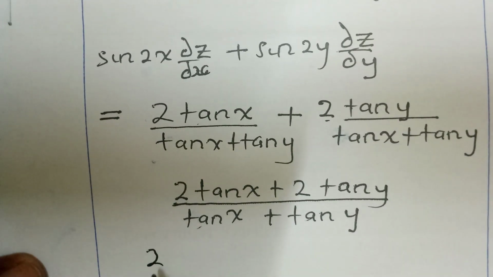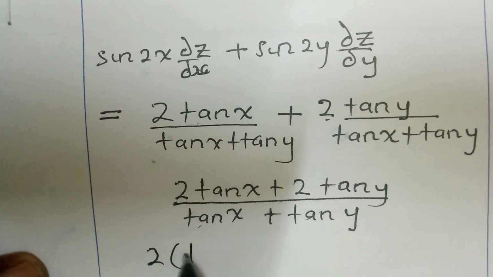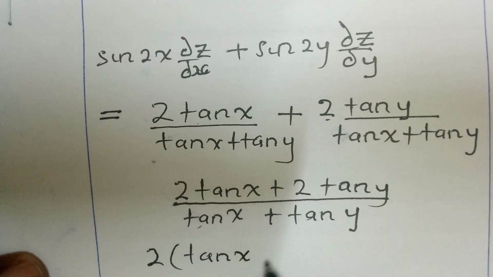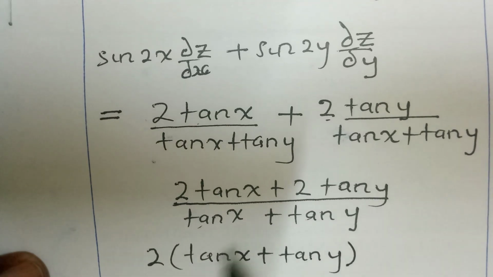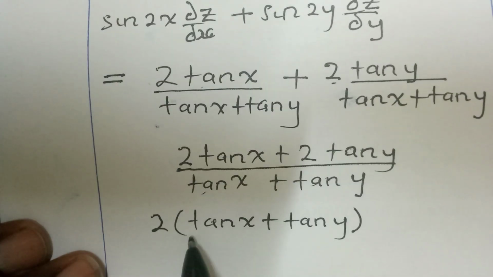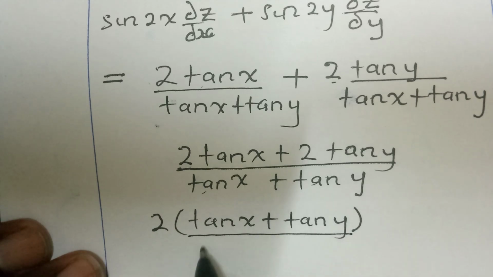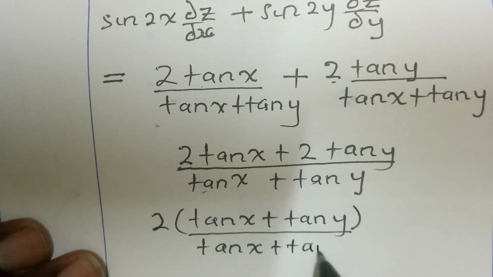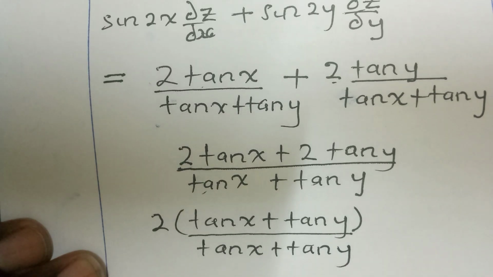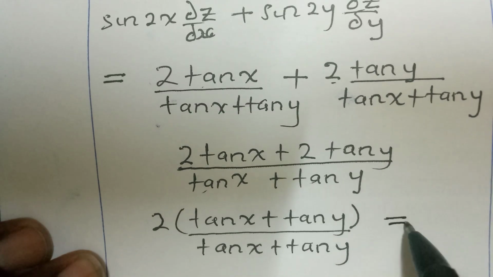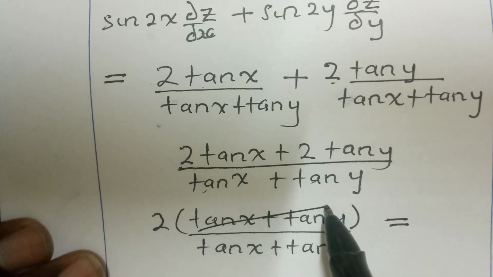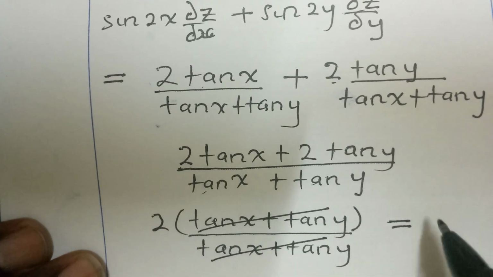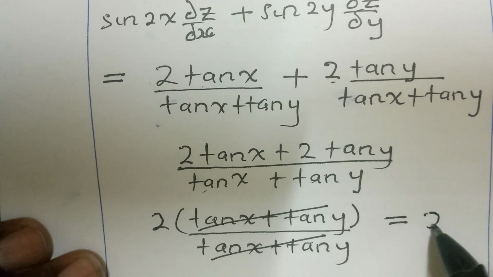So 2, and then we are left with tan x plus tan y all over tan x plus tan y. So guys, as you can see, the tan x plus tan y can cancel. So we cancel that one and we cancel that one. And so our solution is supposed now to be 2.